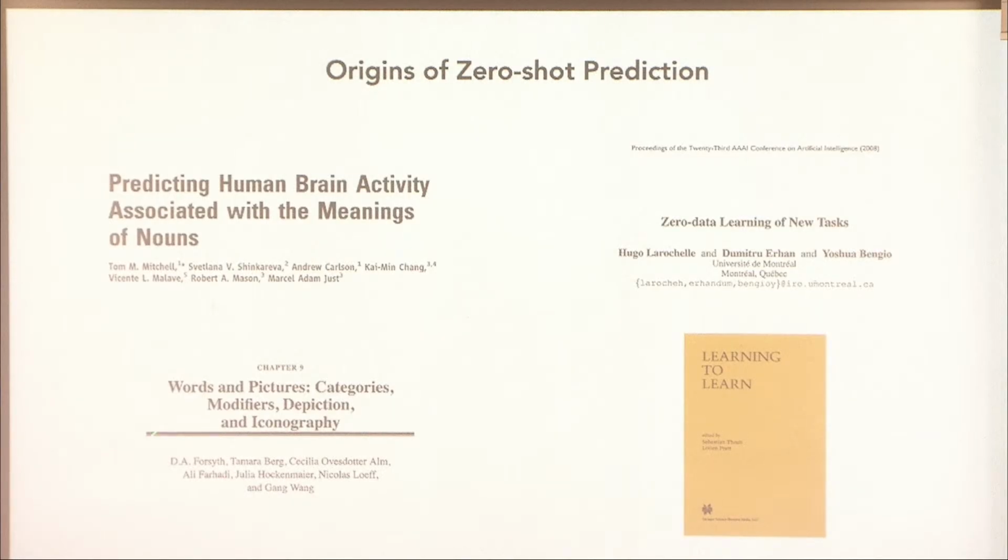And that's the origin of this zero-shot prediction. Another origin is meta-learning. But the real paper that created the setup that we're referring to in this talk is this paper by Hugo Larochelle, Dumitru Erhan, and Yoshua Bengio, and that was in 2008.